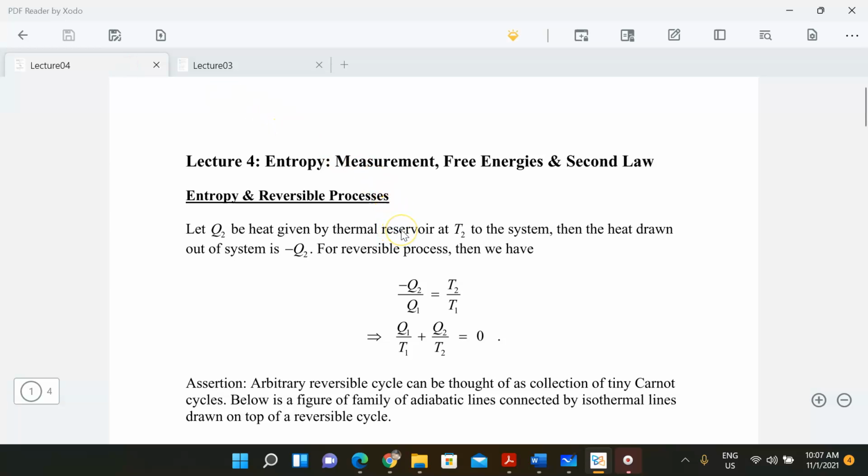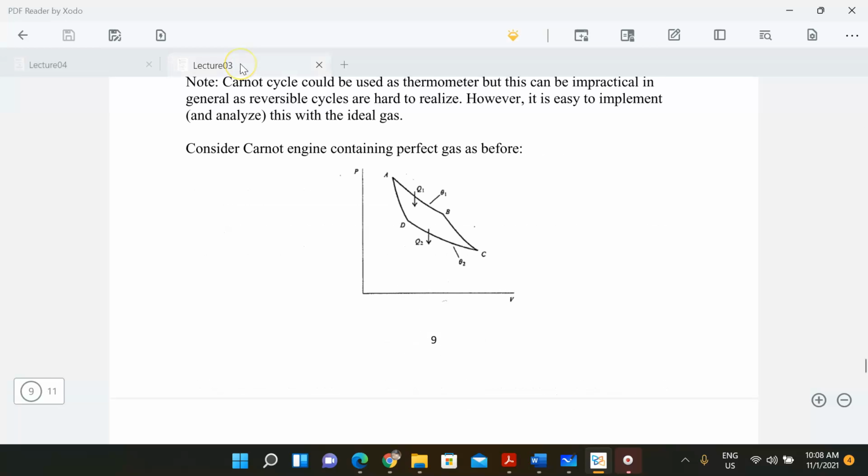We need to set a kind of convention over here so that Q2 was written without a negative sign before. It's like in the case of Q1. Excuse me, okay, there's a delay a bit. Q1 over here, then essentially, oops, where has my lecture 3 gone? Okay.